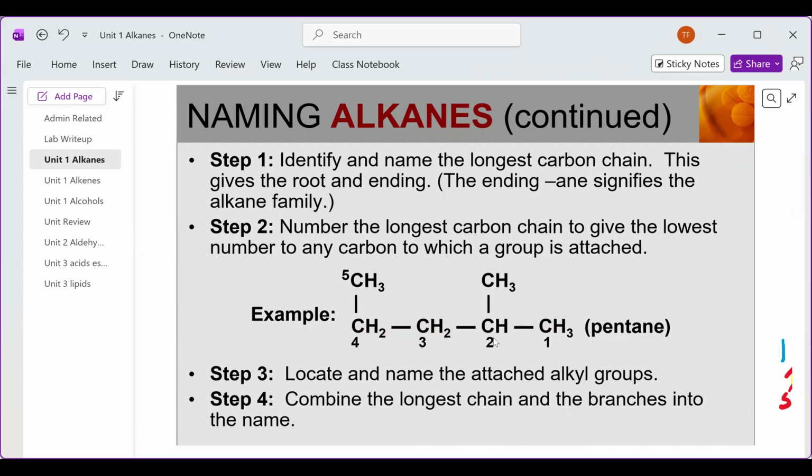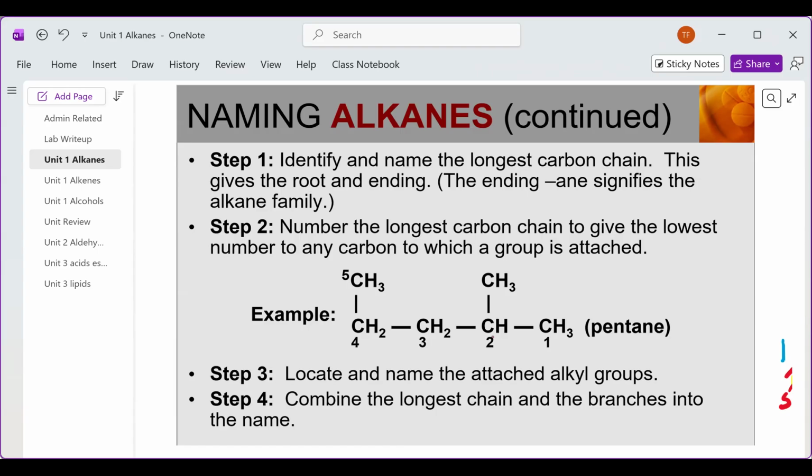All right, step number one is identify the backbone. Now there's two backbones here that are legal. Actually, there are three, but whenever you number the backbone, we have to number it because we need to determine if there are any branches, and what carbon number the branch is on.